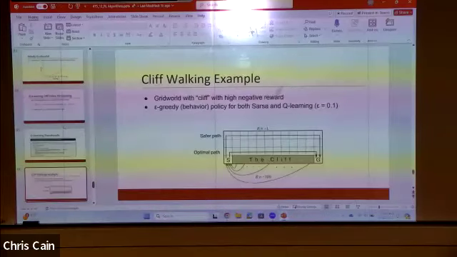I said the temporal difference on-policy and off-policy algorithms, maybe you want to include in there. Knowing what's good and bad can inform when you want to use temporal difference.